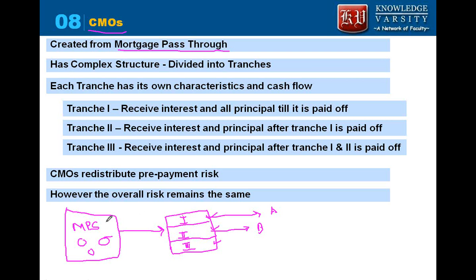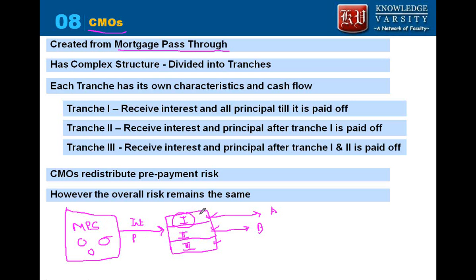Whatever the pool receives will be interest payment plus principal payment. All the tranches receive interest payment as per their principal or investment. But tranche 1 will get all the principal payment from this pool until tranche 1's principal is paid off.